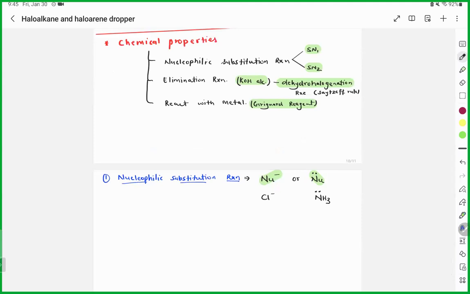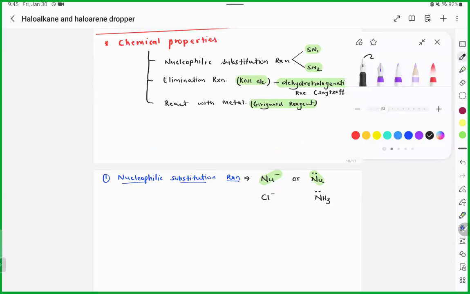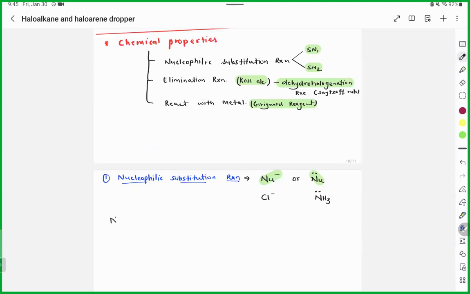So the simplest reaction in this situation is when your nucleophile attacks the alkyl halide, because we said we are talking about the chemical property of alkyl halide. So one reactant is fixed, the alkyl halide. When it reacts, the nucleophile comes in and the halogen will come out.